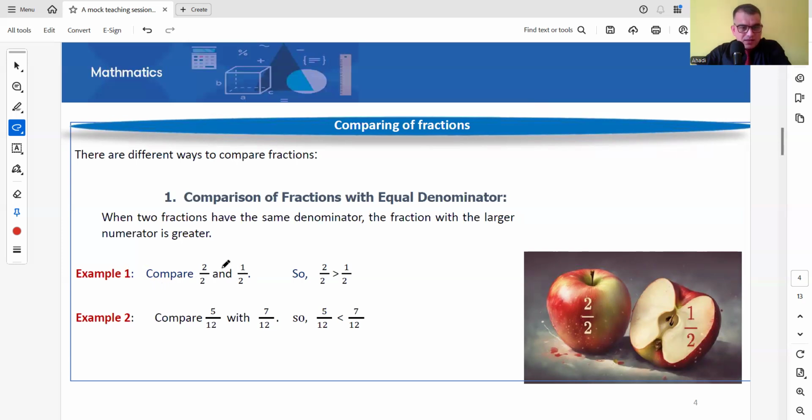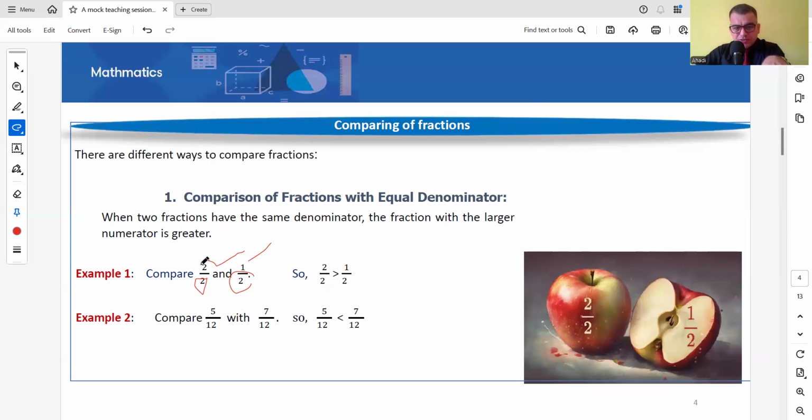First example, I'm going to compare 2 upon 2 and 1 upon 2. We can see these two fractions have the same denominators, but their numerators are different. As we explained here, a fraction with a bigger numerator is bigger when their denominators are the same.